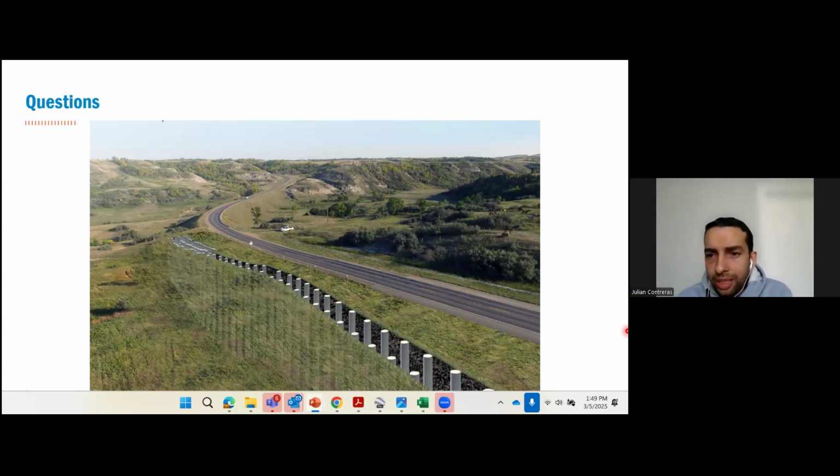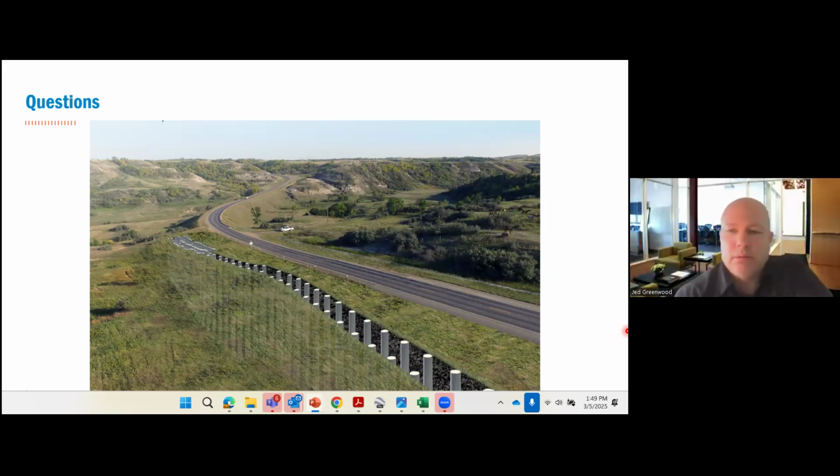Other question here. Any advice when characterizing a landslide? Where and how many inclinometers and piezometers should be installed? Yeah, to answer the second question, it really depends on the size of the landslide.